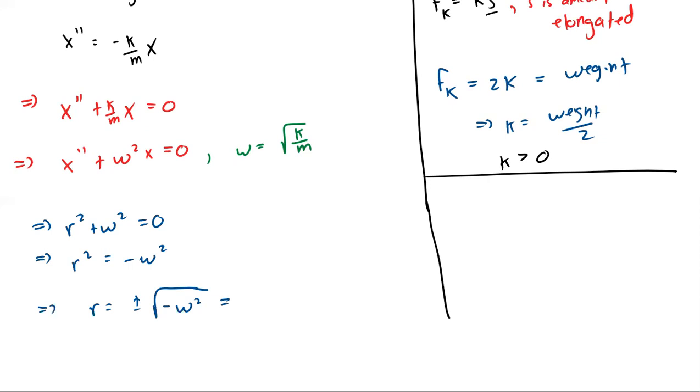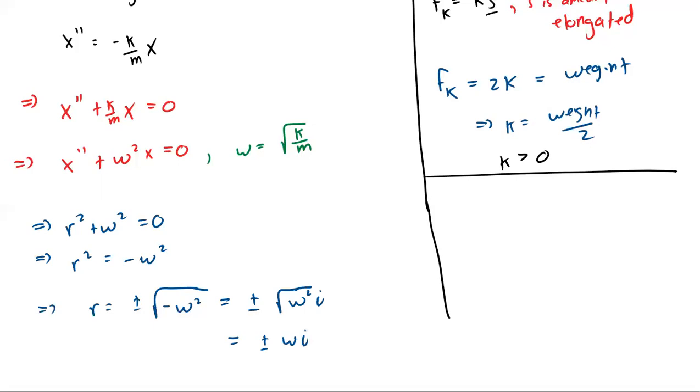So we can write this as plus or minus the square root of w squared, and then we remove the i. We did this a couple of sections ago, right? i is the square root of negative 1, so we write it like this. Finally, the square root of w squared is plus or minus w. We have a plus or minus in front, so we already took care of that. So if we simplify this, this becomes just plus or minus wi.